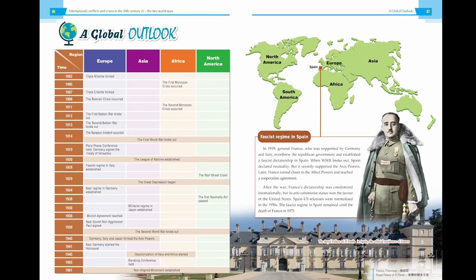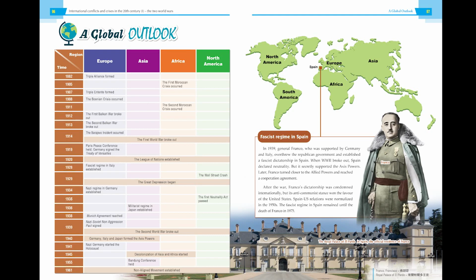Fascist regime in Spain. In 1939, General Franco, who was supported by Germany and Italy, overthrew the Republican government and established a fascist dictatorship in Spain. When the Second World War broke out, Spain declared neutrality, but it secretly supported the Axis powers.